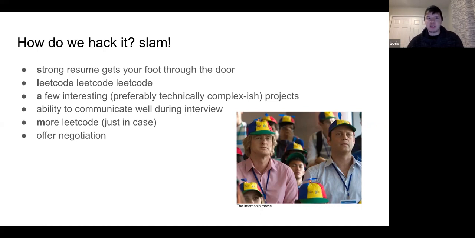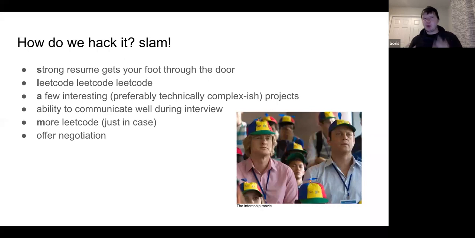For first years, it's especially important to have a few interesting and preferably technically complex projects, something you can discuss with an interviewer. For example, I worked on a really complex algorithm, or I made a Netflix clone, or some audio processing software. It shows that I'm not just somebody who memorized Dijkstra's algorithm, but someone who's invested time into learning new technology and is able to explain it even a few months later.